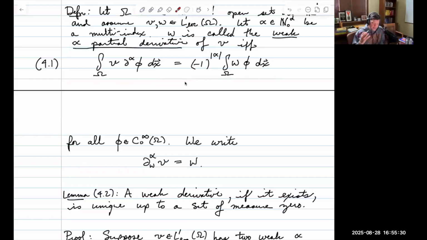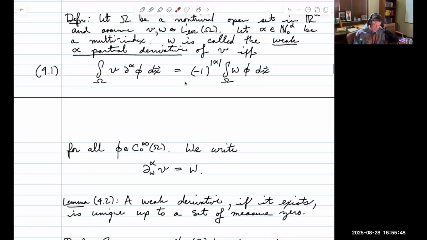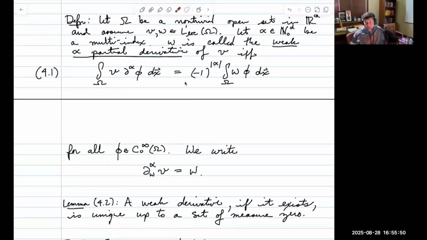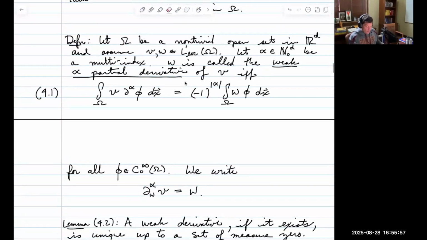I'm cooking up this definition of the weak derivative to fit into my usual slot as the classical derivative would fit, but I'm making this a weak definition by using what we call test functions. Now, if this weak derivative exists, it might not be the same as the classical derivative, but no problem. As long as it exists, it's going to be at worst an L1 loc function, which is a pretty weak function.